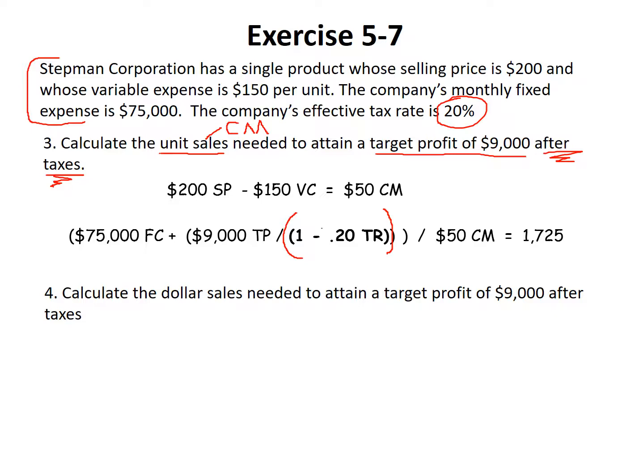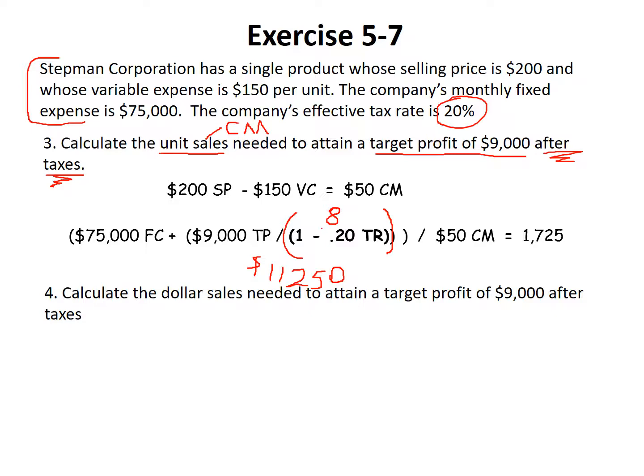And so 1 minus 20% is going to be 1 minus 0.2, which is 0.8. And when we do that calculation, that's going to come out to 9,000 divided by 0.8. That's going to come out to $11,250.